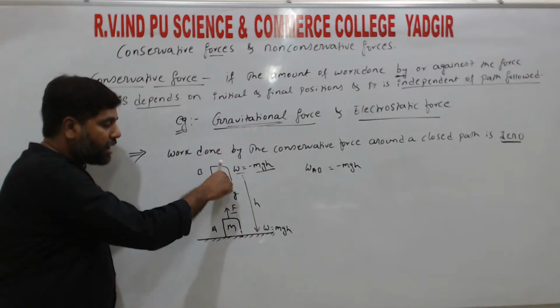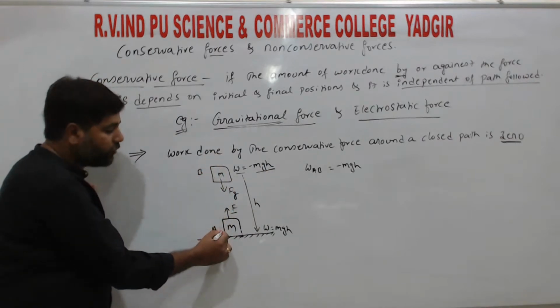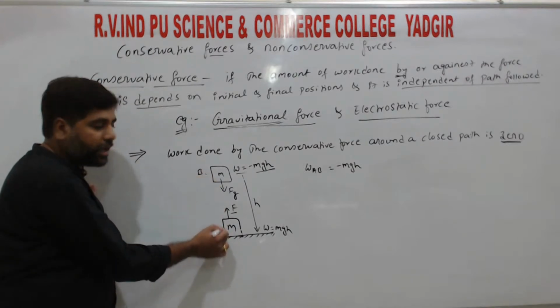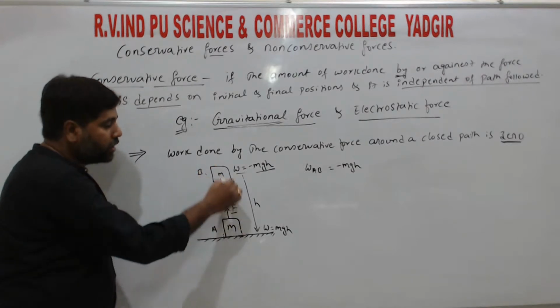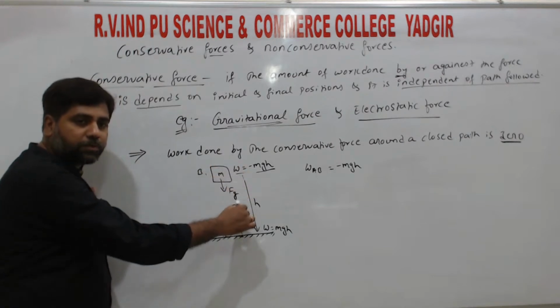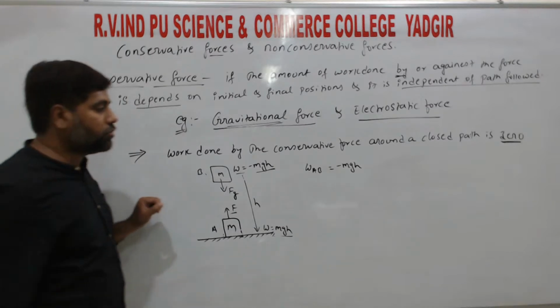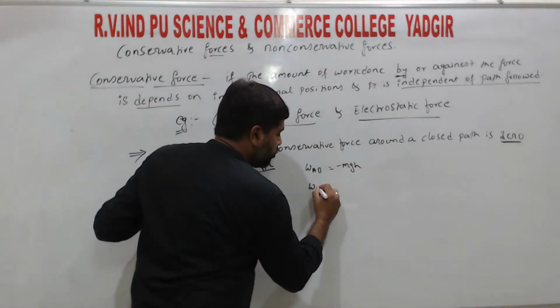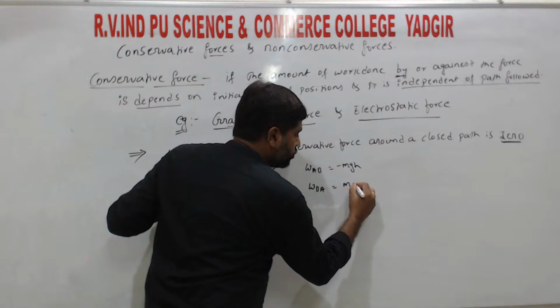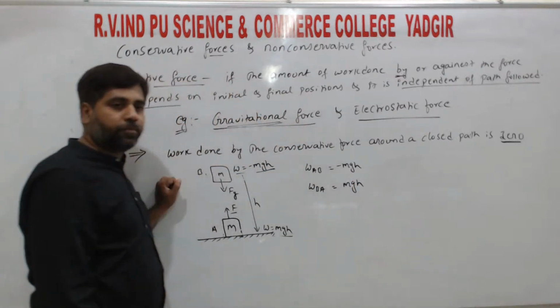While it travels from B to A, the force due to gravity and the displacement are in the same direction, hence positive work done. That work done, WBA, is equal to mgh.